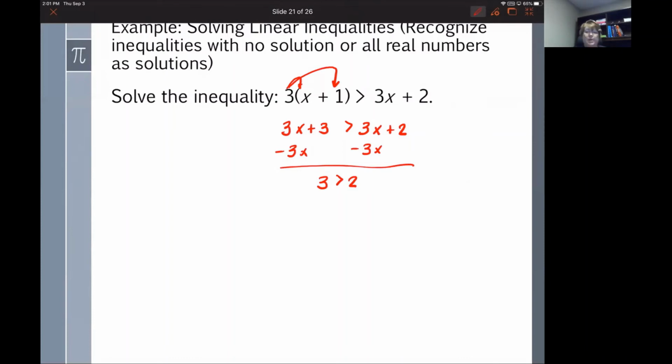So if you're solving an inequality and you end up with a statement that's just true, then the solution set is the set of all real numbers, because any real number will work. Now, the way we write this in interval notation is we say all the numbers from negative infinity to positive infinity. So all the numbers on the number line.